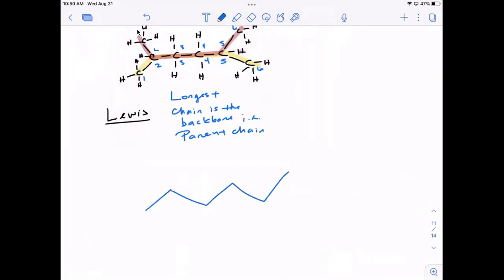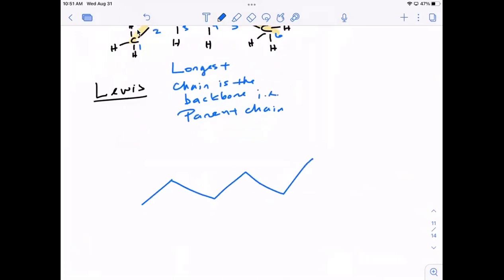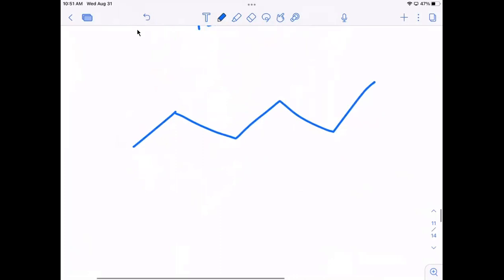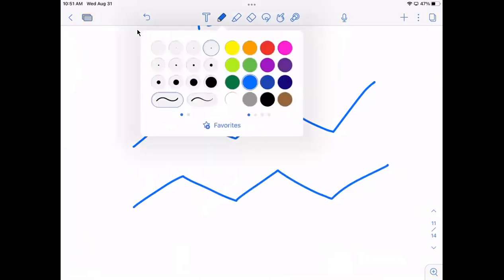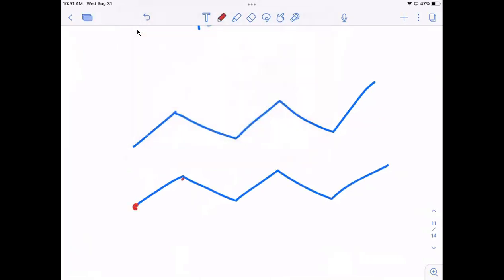Because there are 6 carbons, notice it took me 5 strokes. I'll do it again: 1, 2, 3, 4, 5. This is the skeletal form. Every vertex is a carbon, and the end of every line is a carbon. So that's 6 carbons.